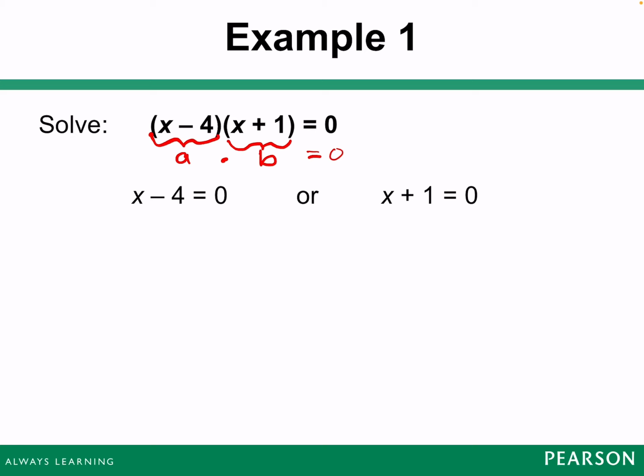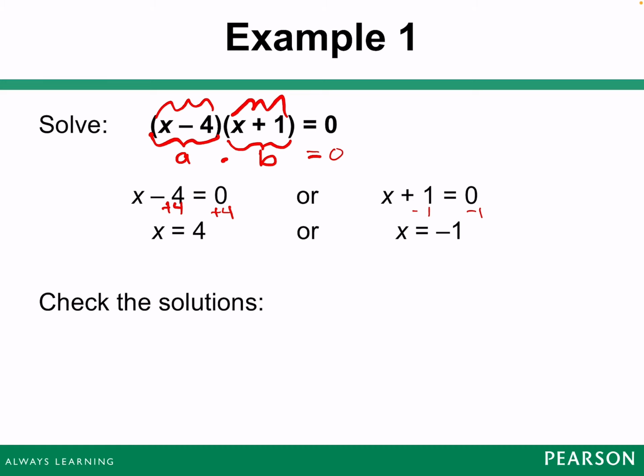So that means either my a here has to be 0, or my b here has to be 0. So I set each factor equal to 0, and now I'm going to solve for x. I'm going to add 4 to both sides here, and I get x equals 4. I subtract 1 from both sides here, and I get x equals negative 1.